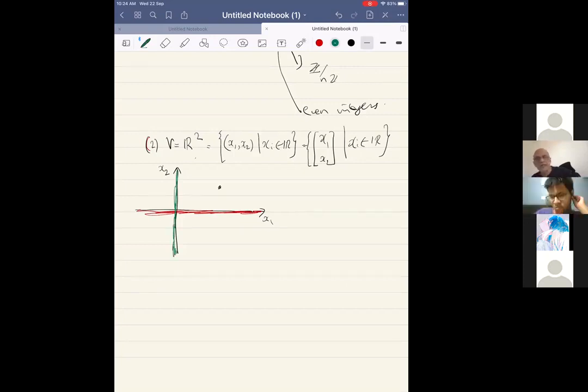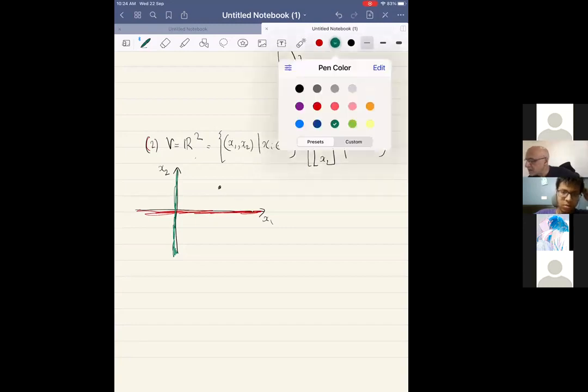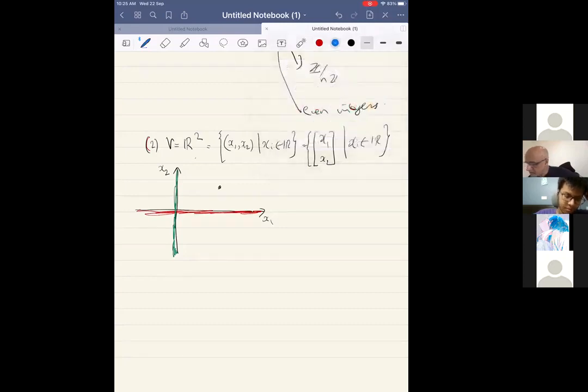Any other suggestions? Now a third subspace is being suggested: the subspace consisting of 0. And the entire space, R2 itself. And any line through the origin.